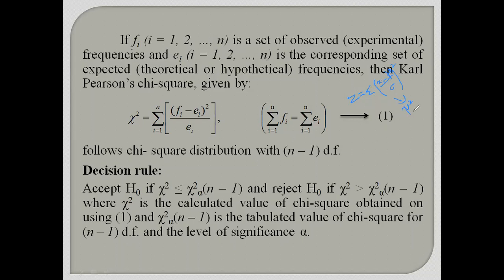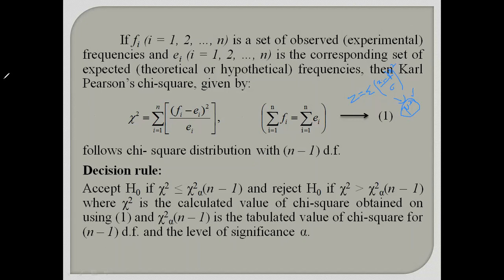If we test this chi-square, then we can say that is the chi-square test. So chi-square is equal to summation of Fi minus Ei whole square divided by Ei. This is the chi-square distribution with n minus 1 degrees of freedom.